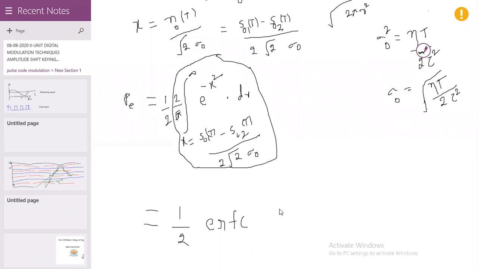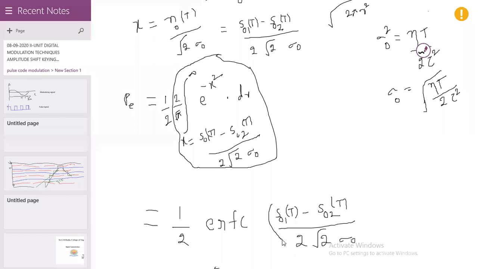X is s naught 1 of t minus s naught 2 of t divided by 2 into √2 sigma naught.